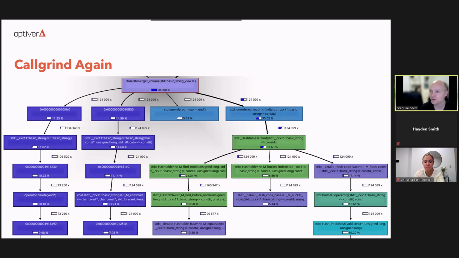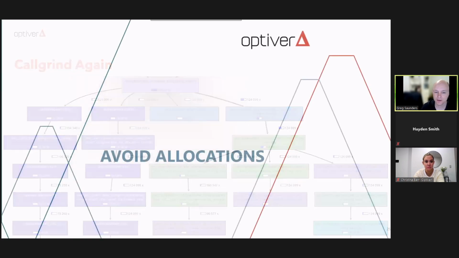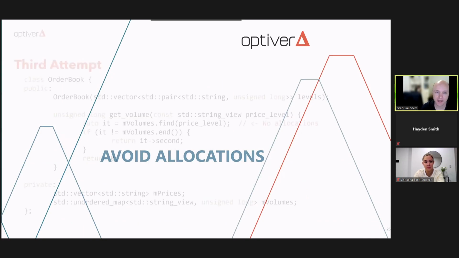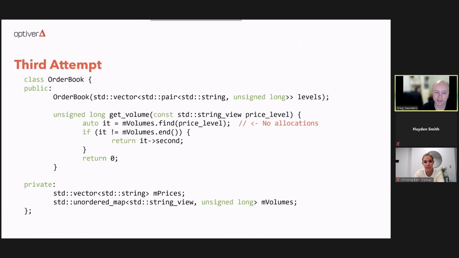So what can we do about that? Well, we want to avoid those allocations, and we can do that by modifying our data structure again. Now you can see down the bottom of the screen, I've changed my unordered map from mapping from a string to a long.